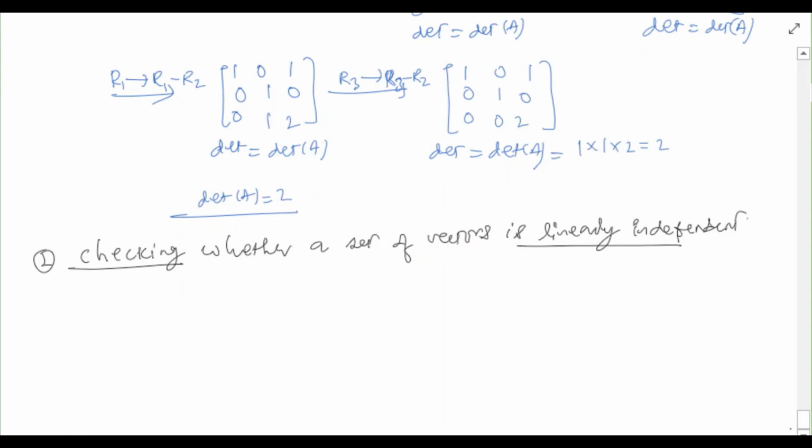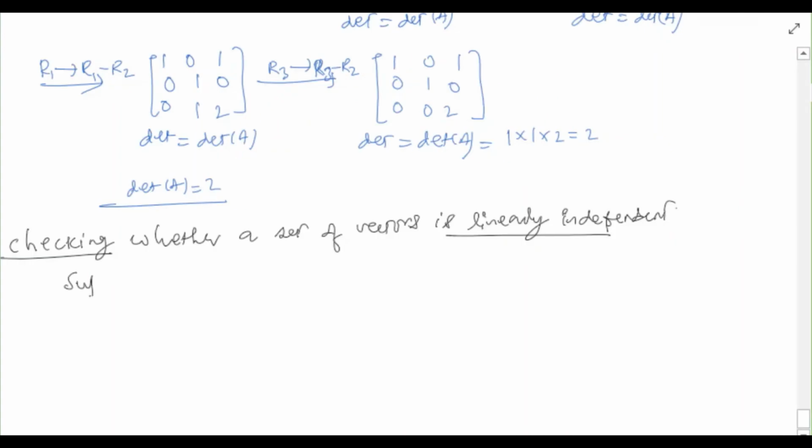Suppose we are given n vectors v1 to vn, each of them is a vector of length m, v1 to vn in R^m, and we have to determine whether these vectors are linearly independent or not.